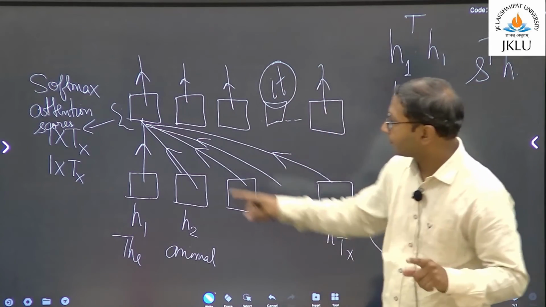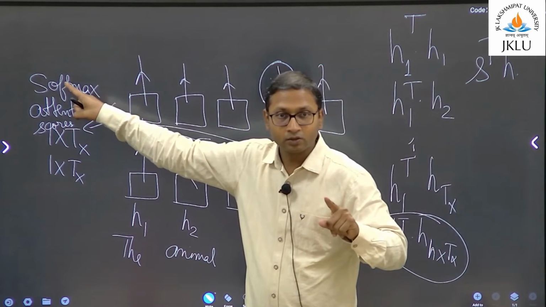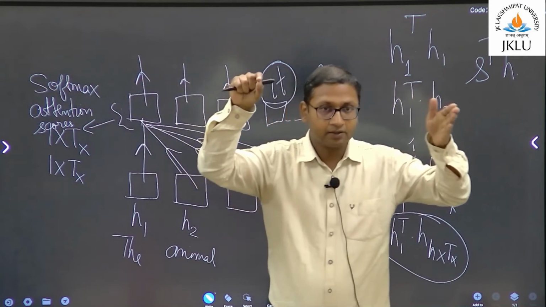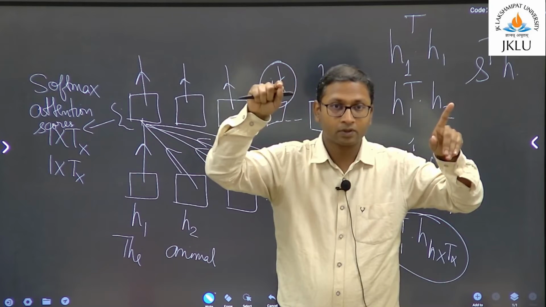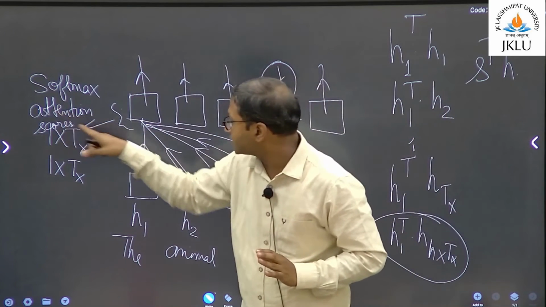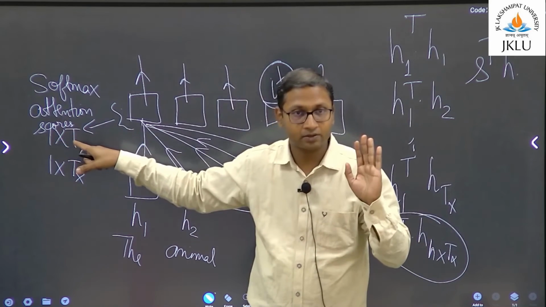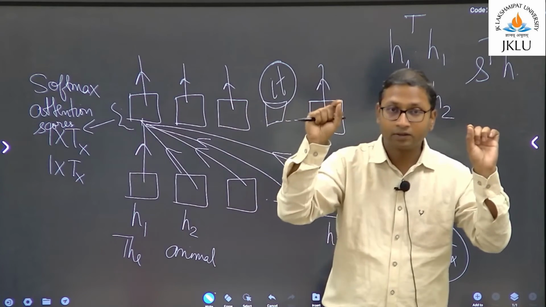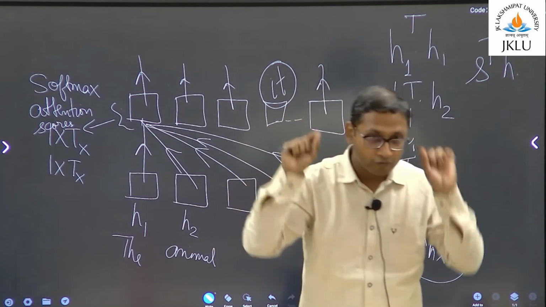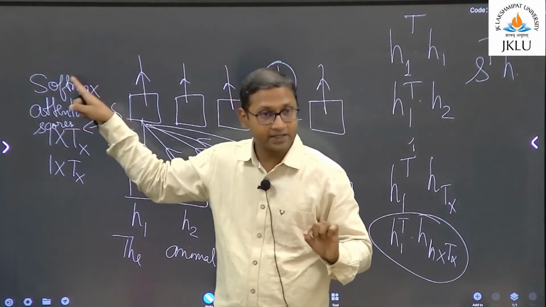No. See, softmax you took. What are the dimensions of this softmax vector? 1 cross Tx. See, attention scores you have 1 cross Tx. You take softmax. So softmax does not change the size of the vector, that remains 1 cross Tx.